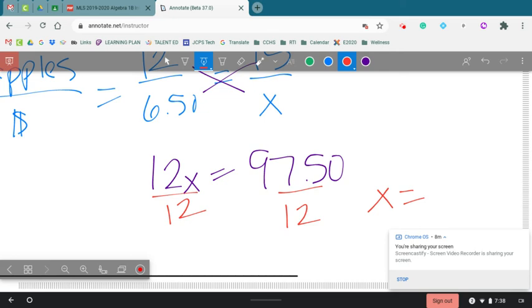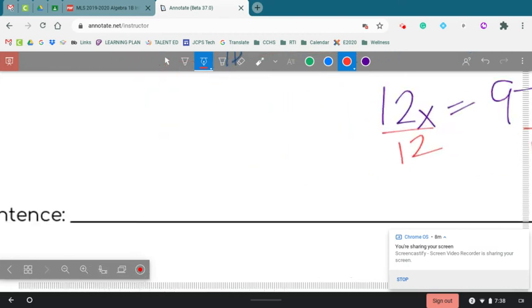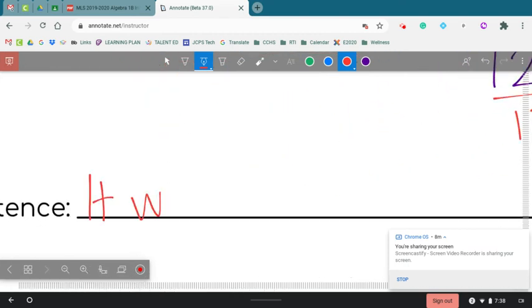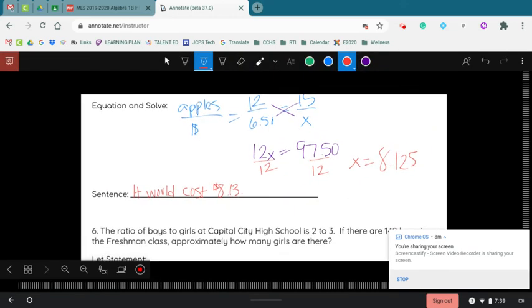Hold on, let me check my work. 650 times 15, and then divide by 12. Oh, I'm sorry, you guys. This is going to give you X equals 8.125. So if you want the cost, we're going to round that, $8.13. Sorry about that, you guys. Normally your numbers will be exact. That's my fault.